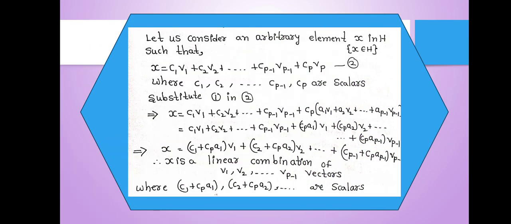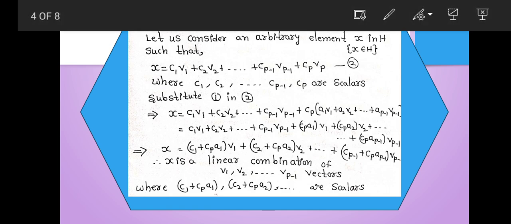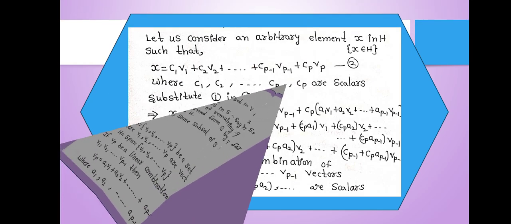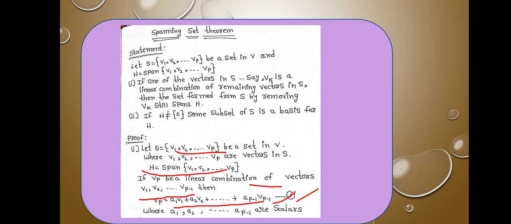Let us consider an arbitrary element x in H. Here V is equal to H, so let's take an element x of H. See, we wrote here H is equal to span of V1, V2, up to Vp.